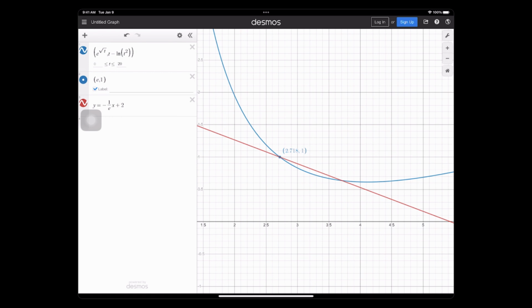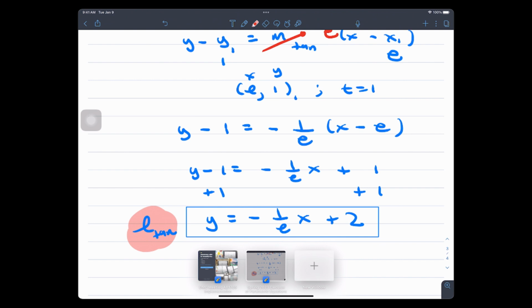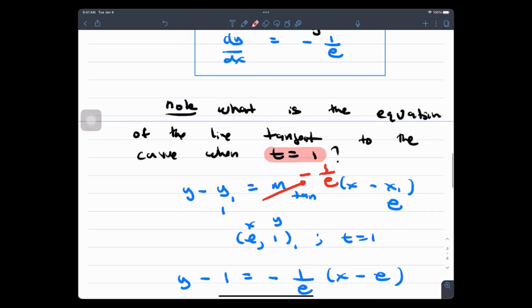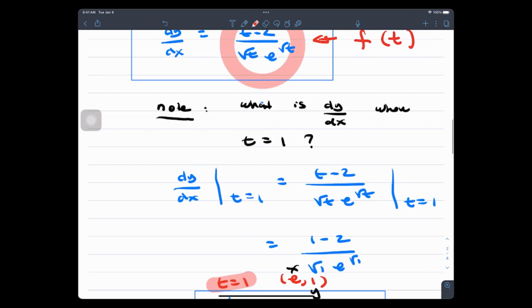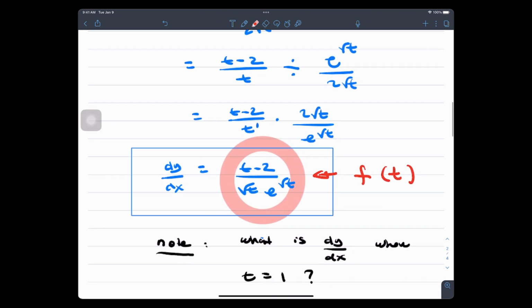Now, something bothers me. Did we make a mistake on this? Something's bothering me. Let's go back and look at the notes. Did I screw that up? It might be. I'm going to check my notes. Oh, was there a 2 somewhere? Oh, I think there is.